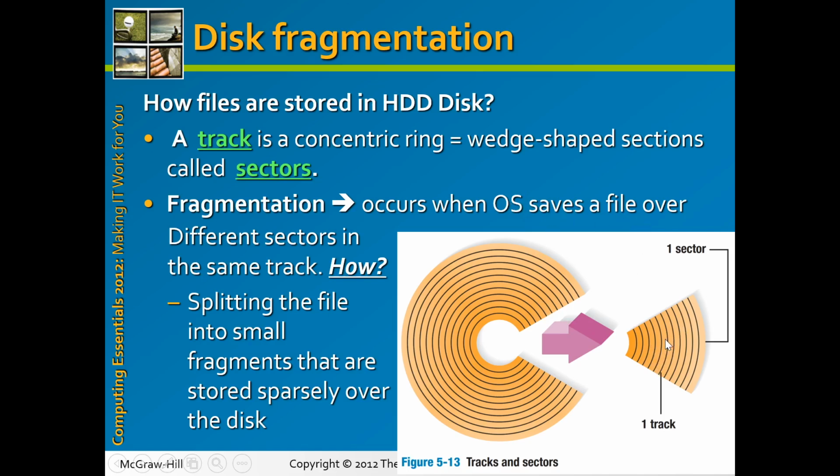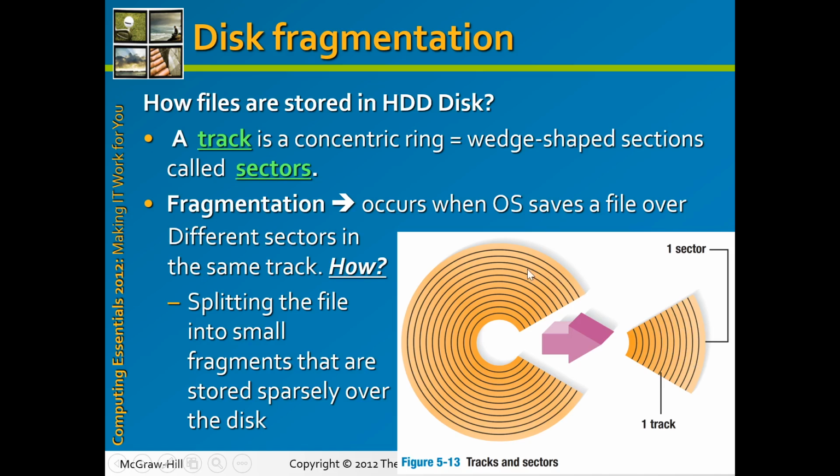For example, I want to save a file that happens to be, I mean, the operating system is obligated, or actually wants, to save it here in the second ring. So I'm saving it over different fragments, or over different sectors.